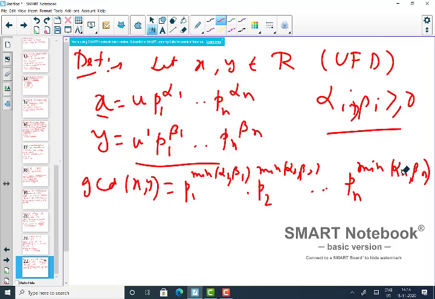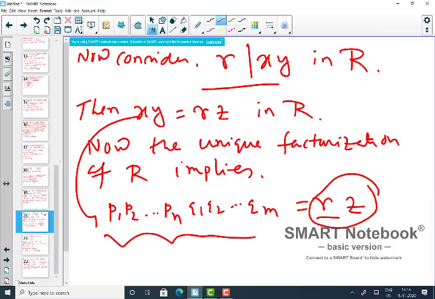So in a UFD you can define the GCD of two elements. So what did we learn today?